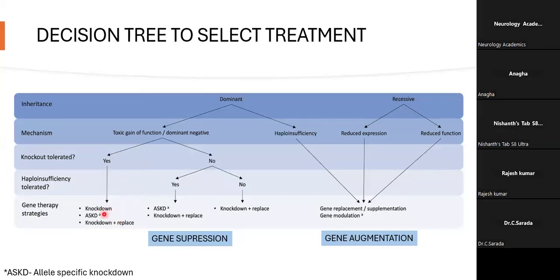Gene suppression can be of the whole gene, which is termed knockdown, or it can be allele specific, where a single allele is suppressed, known as allele specific knockdown. In the case of toxic gain of function or dominant negative mutation, this knockdown, that is gene suppression, along with gene replacement, will be needed.